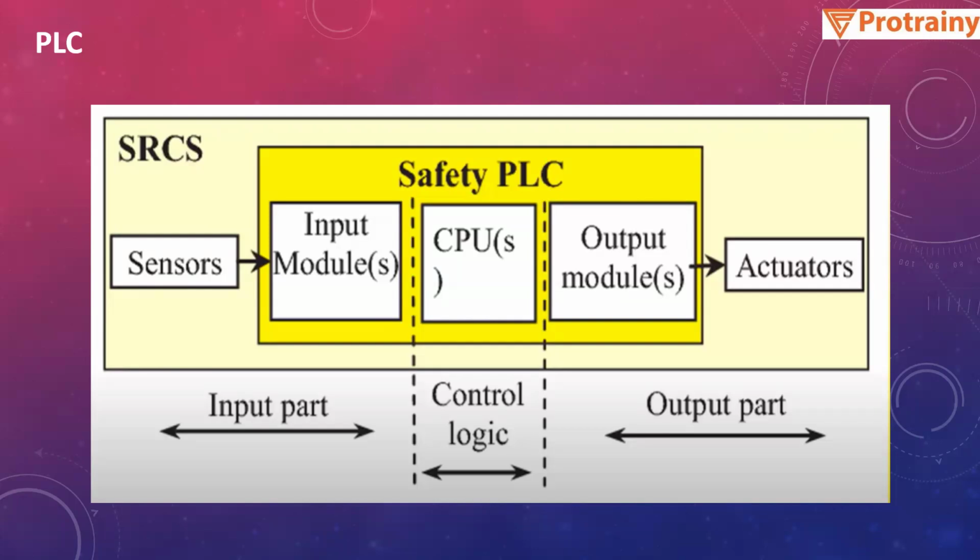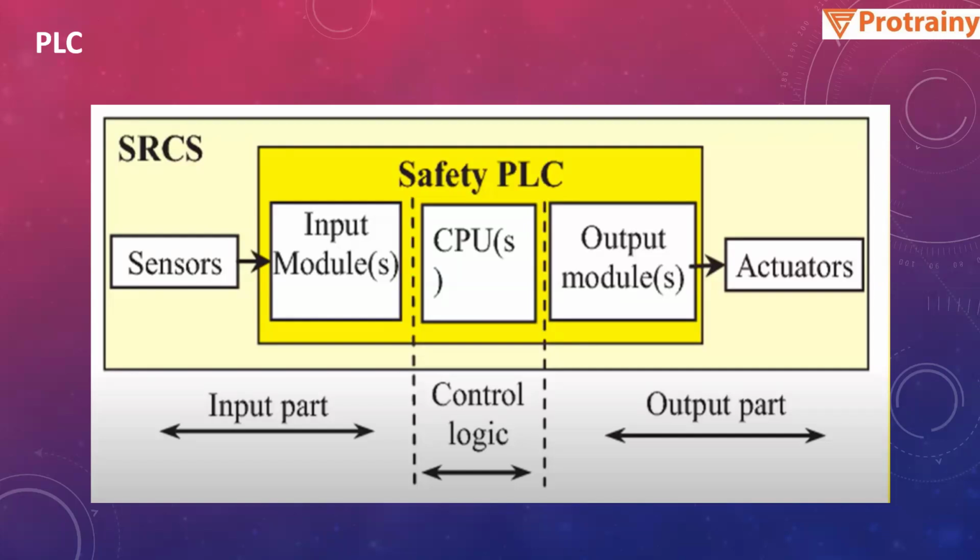Okay, so like let's say sensors, like for example, there is a sensor that measures the flow of fluid which is flowing in the pipeline. Okay, so it is flowing more than whatever the permissible level is.